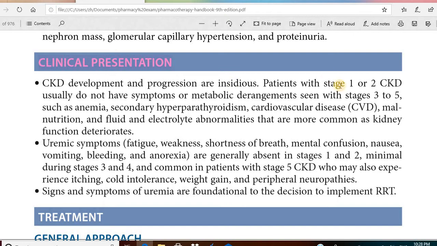Patients with stage 1 or 2 CKD usually do not have symptoms. Insidious means their symptoms are hidden. We cannot identify by our eyes. You have to be vigilant about kidney problems, because if the patient has stage 1 or stage 2, its symptoms are not visible.